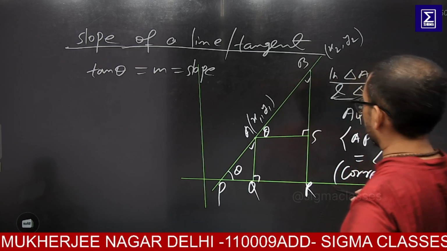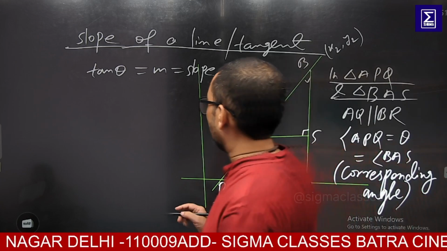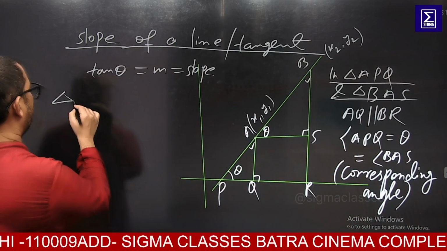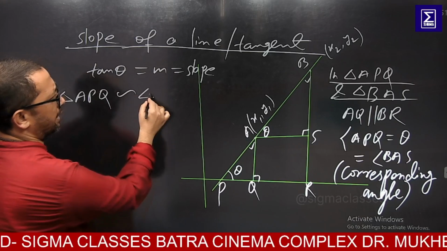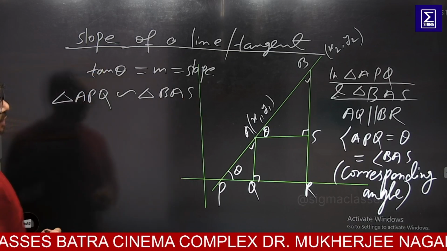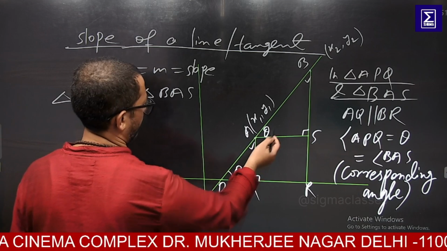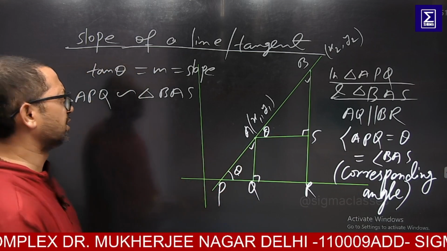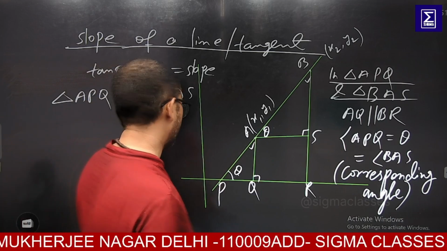So here, triangle APQ is similar to triangle BAS. So only we want to know that this angle and this angle both are equal. Even if you are not going to prove it similar, it is simply the concept of corresponding angles.